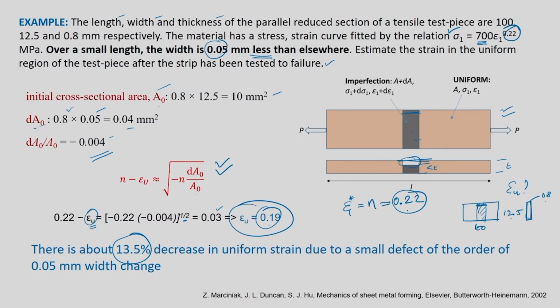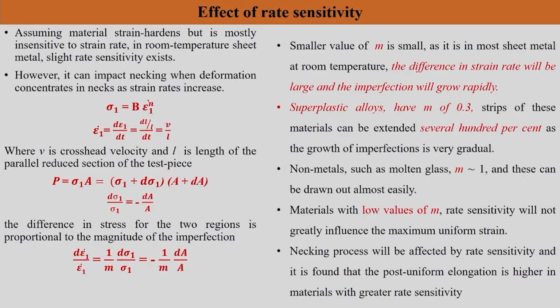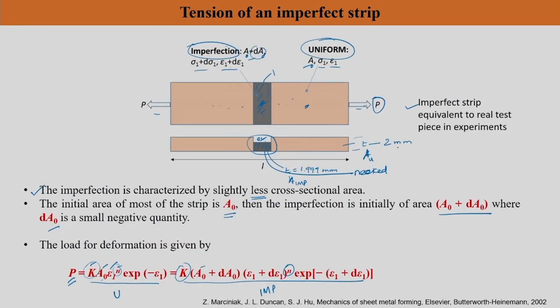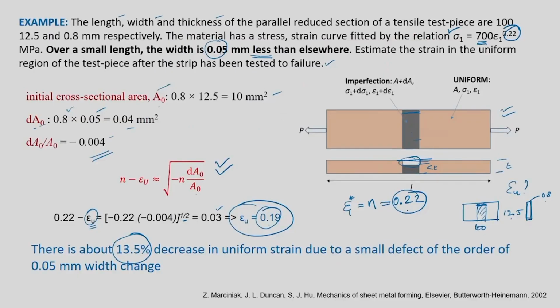Accordingly, there is a small change in area of cross section dA naught, which is like saying, as I said before, that here you have a thickness of 2 mm and here a small thickness change, 1.999. 2 minus 1.999 is such a small change in thickness. If you see such a small change in width, you are going to have a 13.5% decrement in uniform strain due to a small defect of the order of 0.05 mm width change.